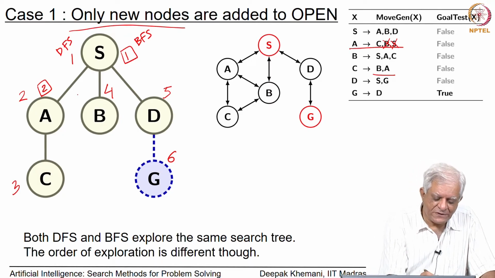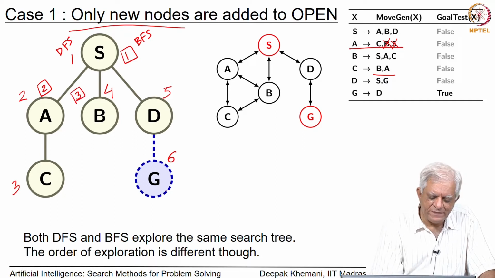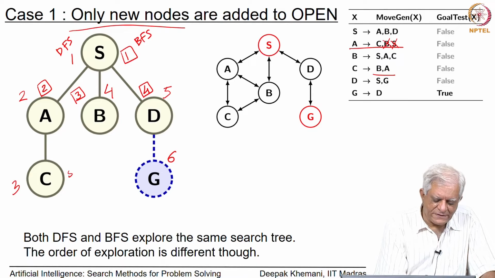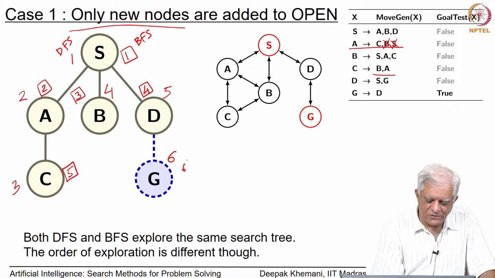As a consequence, the next node that it will see is B, and because B has no more children, the next node it will see is D, then it will see node C, and finally it will see node G.